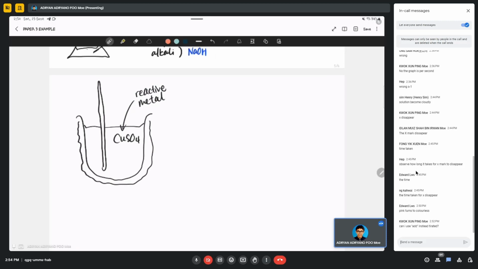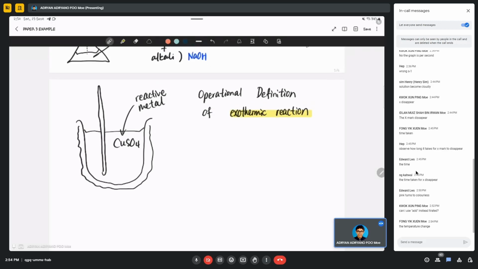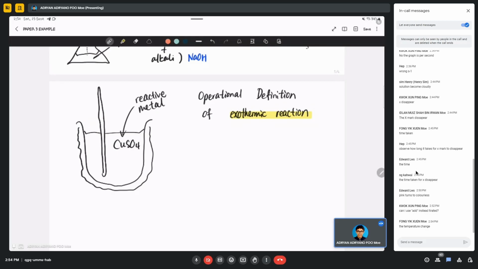You guys answer me. What do you observe? You want to observe the temperature change, but can you observe the temperature change? You cannot. What can you observe? The thermometer reading increase, right? The increase in the temperature.